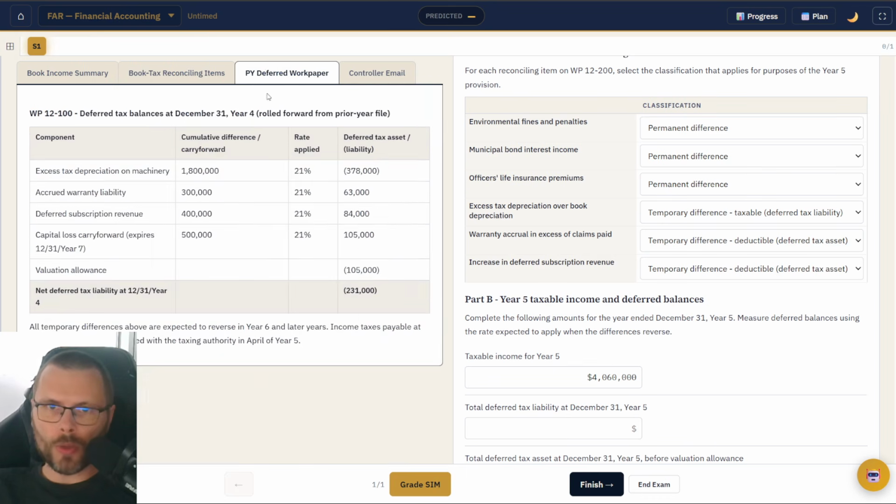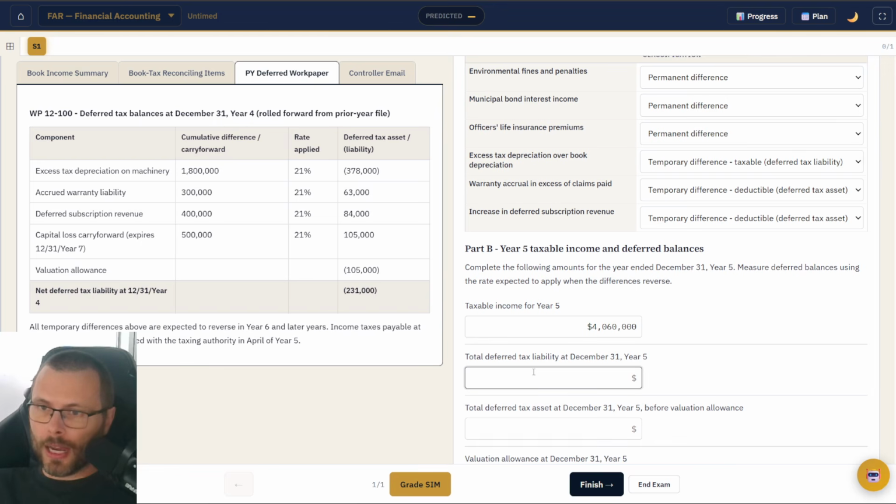But what was our cumulative carry forward? It was $1.8 million. Forget the 21%. Remember, it's 25%. So we've got the 1.8 at the start of the year and another 600,000 this year. Our answer is 2.4 million times the 25%. There were no other liabilities. The other two are assets.